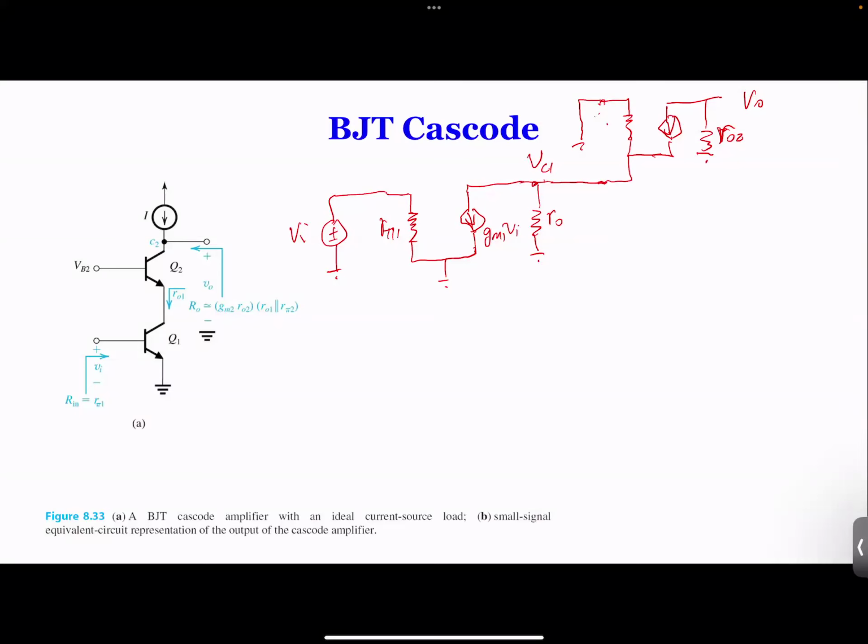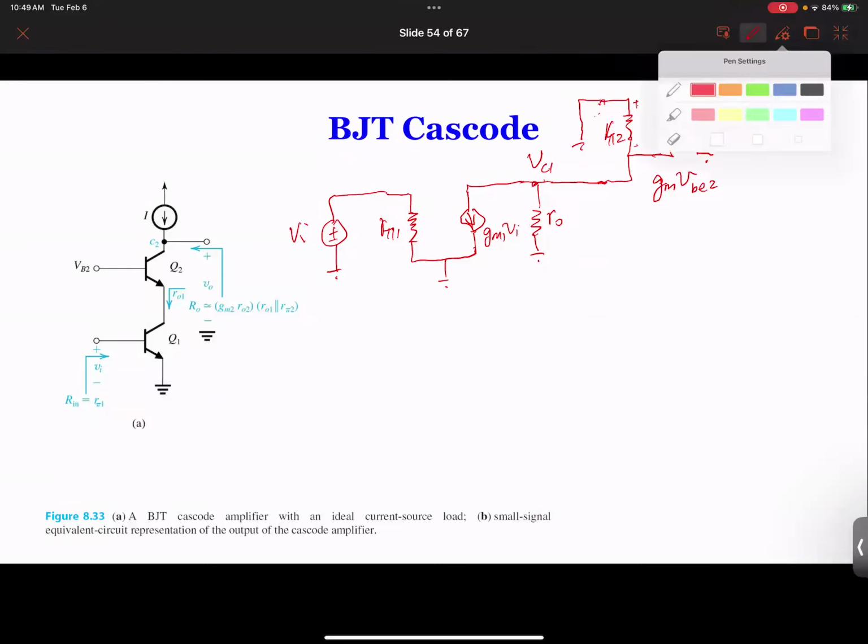And the current over here, through this R pi 2, is the amplification current of Q2, which is going to be GM times VBE2. So the most important thing here is really to identify what VBE2 is. By definition, VBE2 is here.